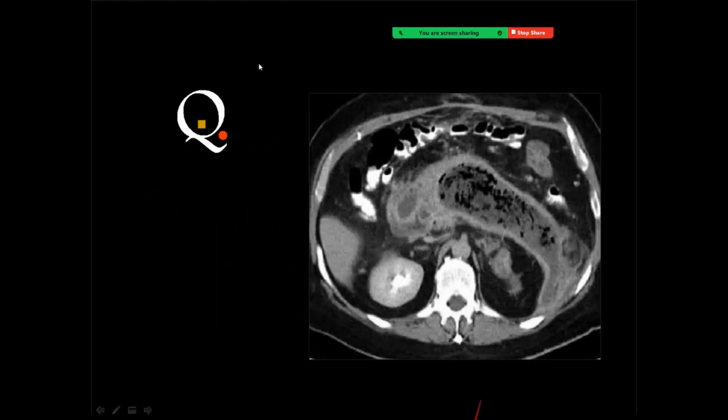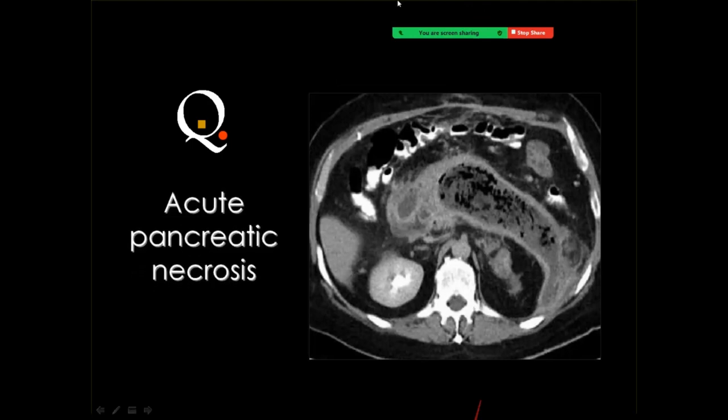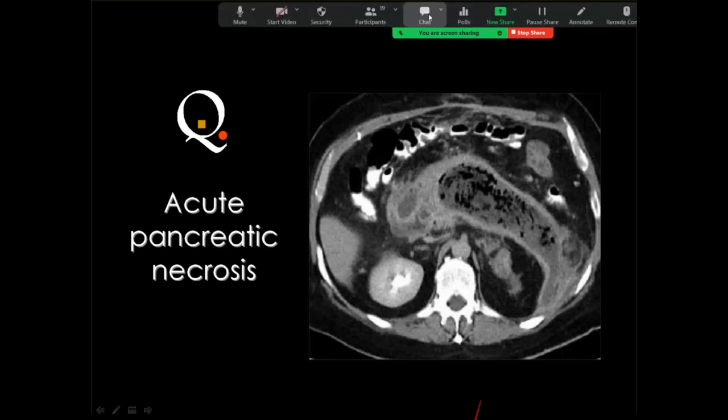Next case is an abdominal scan after oral and intravenous contrast injection. Okay, and actually, you see that most of the pancreatic tissue has been replaced by a big mass containing air. This is a diagnosis of either pancreatic abscess or acute pancreatic necrosis.